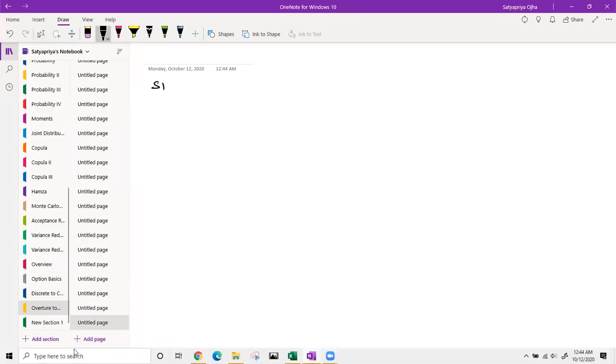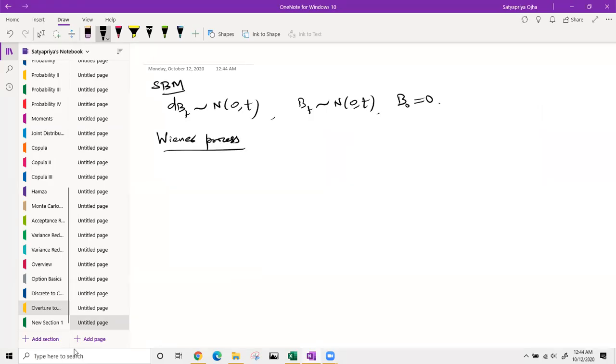So we said that the standard Brownian motion is this, with the property that B0 equal to 0. This is also called Wiener process. You'll see dWt sometimes. Same.